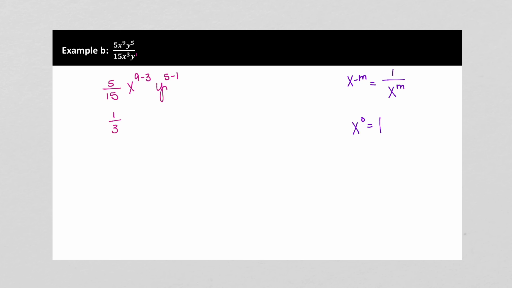Yes, you do have to simplify these fractions. And then x to the 6th, y to the 4th. Now this is okay. To make it look a little bit better, put the x to the 6th and y to the 4th on top and the 3 on the bottom. So it's all together in one piece.